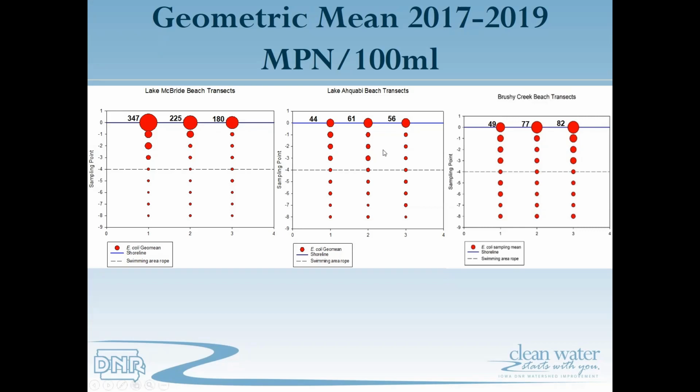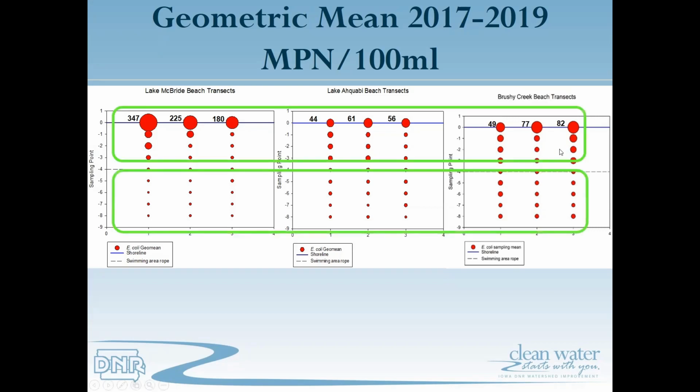In every system that we've collected data, this zone right here along the lakeshore is always the highest in concentration. And one of the things we look for when trying to determine whether or not a system is demonstrating conditions that would be consistent with that beach-specific driven impairment is to see whether or not there are differences between this swimming zone environment and then the adjacent open lake environment.